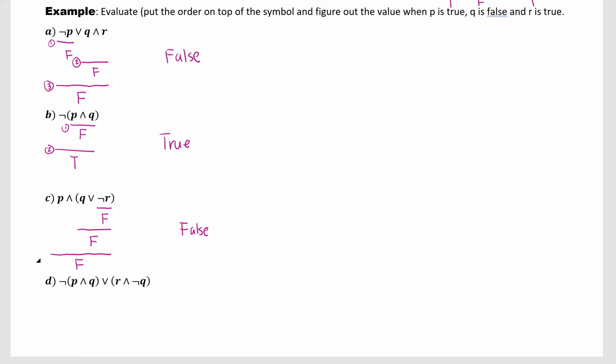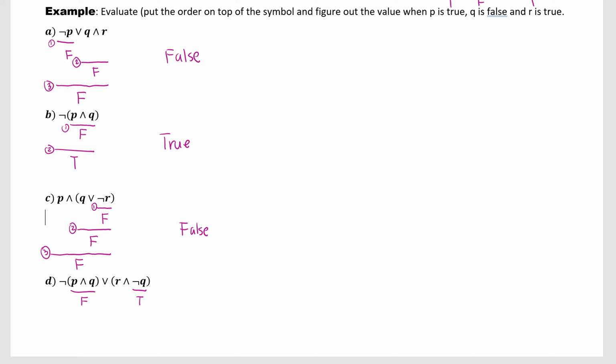Okay, so you can draw these lines, then it can tell you the steps. Next, let's calculate inside the parentheses. P and Q, that is true and false together, is false. And then here we should calculate not Q. So not Q is true.